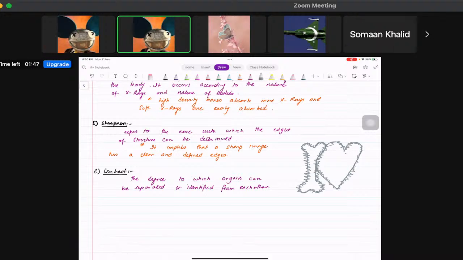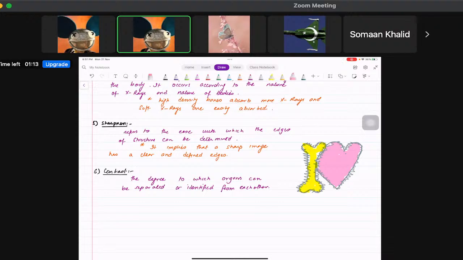Now, contrast means that suppose we have a pink heart like this. X-ray doesn't show you pink, it shows you black and white, right? But it's fine, I'm just giving you an example. So if there's a pink heart and a yellow bone like this, we can see that you can separate them, you can see the color difference. Usually it's darker or whiter, but it's a color difference we can see.